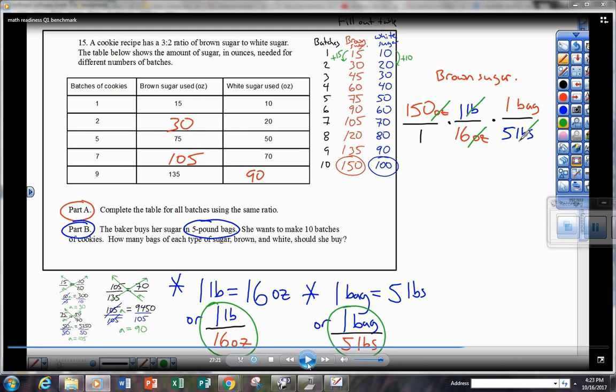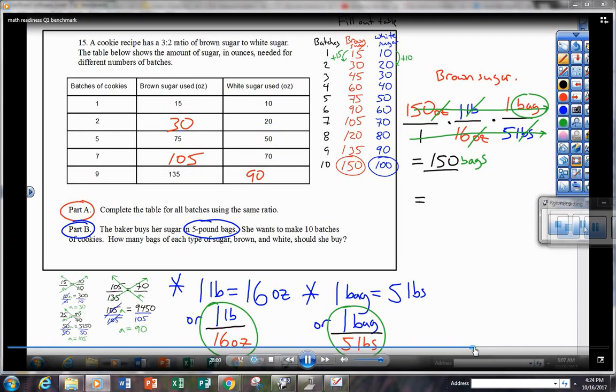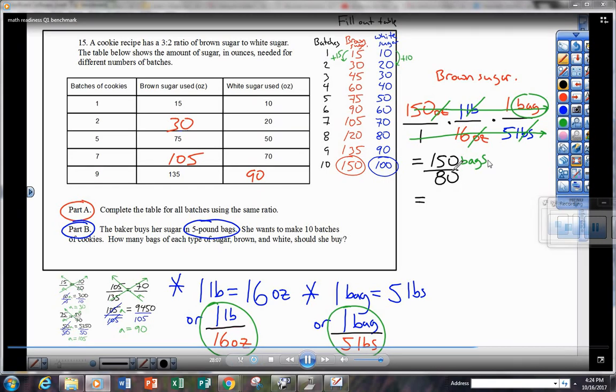So if I multiply straight across, I will get 150 on top over 16 times 5, which gives me 80 on the bottom.